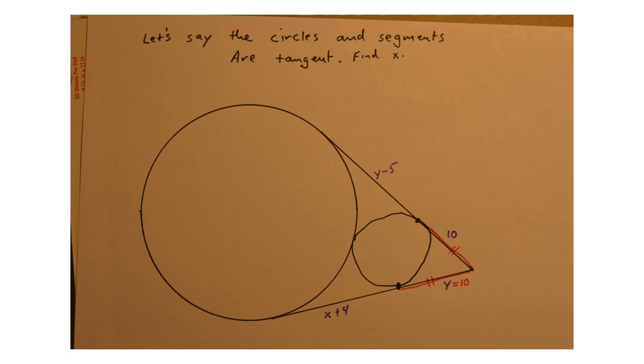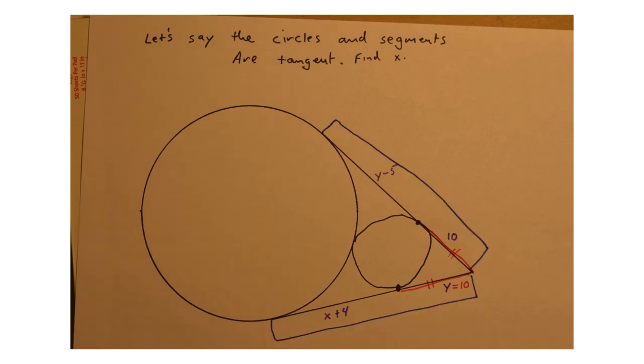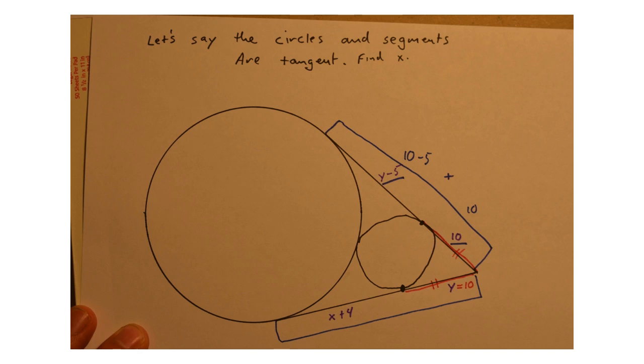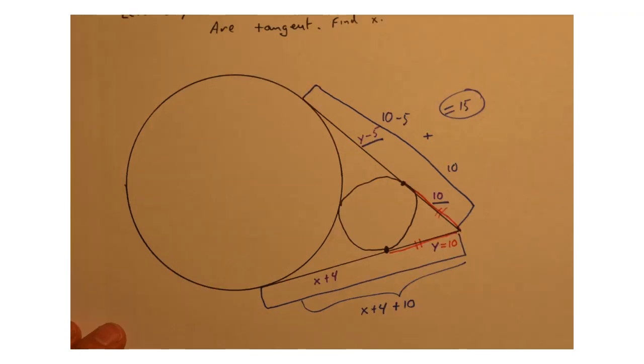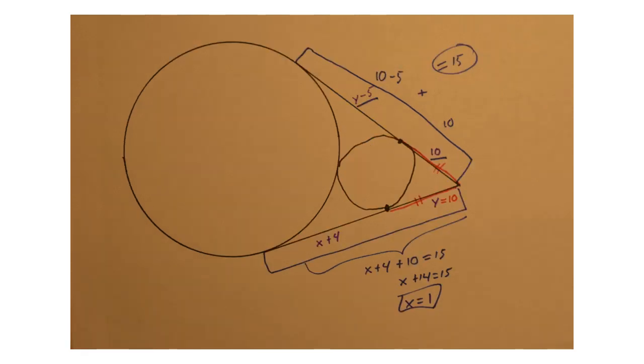Likewise, if you think about tangency from the big circle, I know that the two full lengths should be equal. And if y is equal to 10, I know that the whole length there is 15. And so 15 and x plus 4 plus 10 have to be equal to each other. And so that means x is 1.